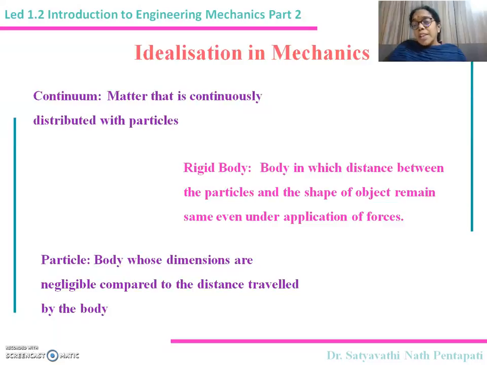Even satellites, Earth, and Sun we can treat as particles while studying their motion, because the distance traveled by them is very big compared to their size. So these are idealizations in mechanics.